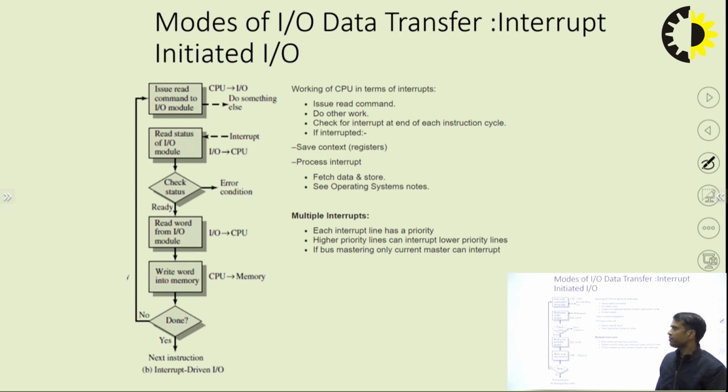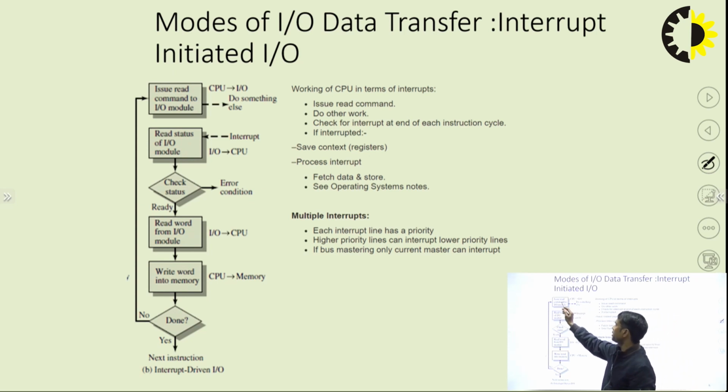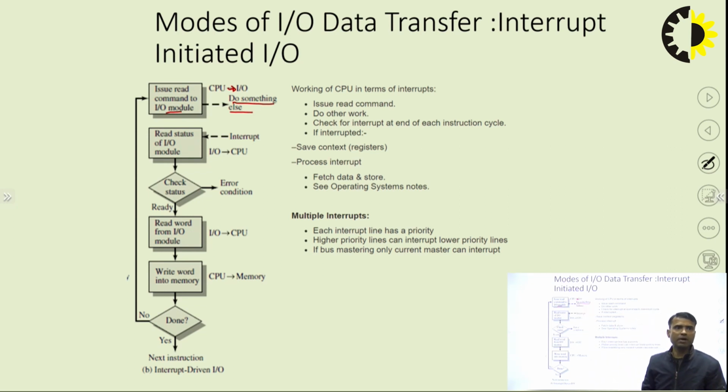This graph shows the pictorial representation of the process. In the first step, the CPU sends a request to I/O, issuing a read command to the I/O module. After that it will do something else as per the operating system's requirement, performing the same process, or it may switch to another process.